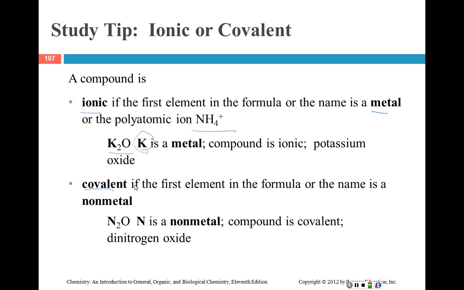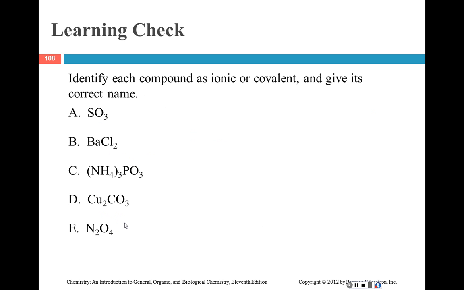The covalent one is going to have a non-metal written first, and so here is your nitrogen, and that would tell you that you're going to have to use the prefixes. Okay, all right, so since we need to know whether it's ionic or covalent before we can name it correctly, let's see if we can figure out if these are ionic or covalent.